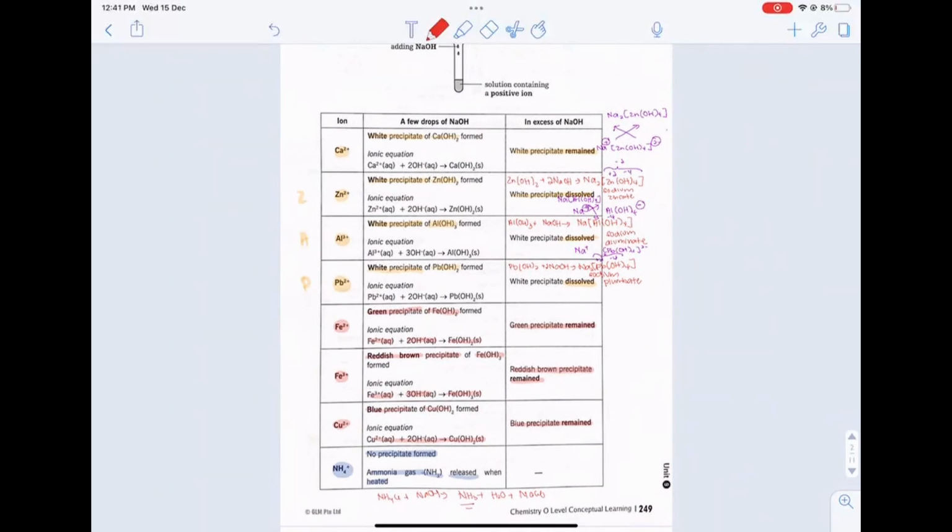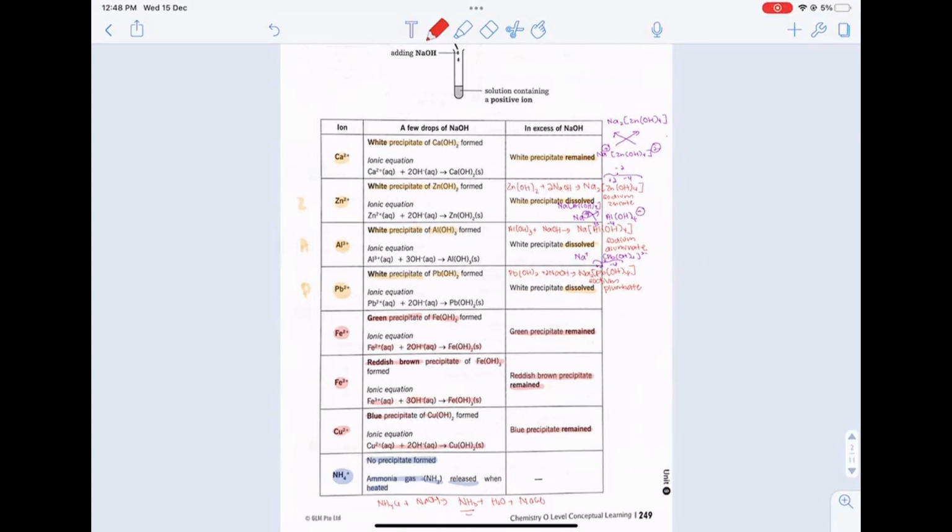For excess sodium hydroxide, you need to remember that all the colored precipitates will remain undissolved in excess NaOH. So you will have the precipitate remaining in excess NaOH for everything except for Zn. So this would be a very easy way for you to remember it.